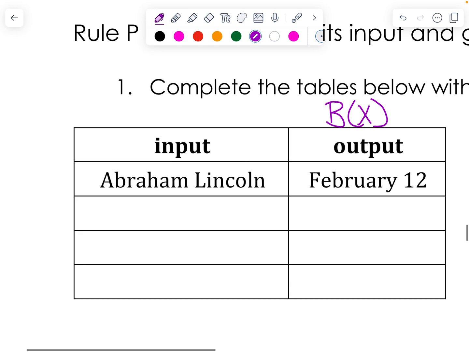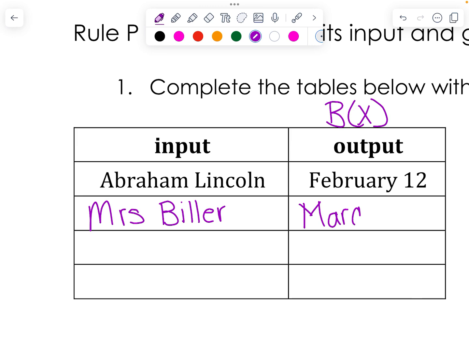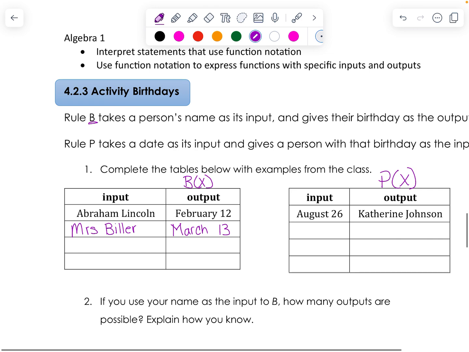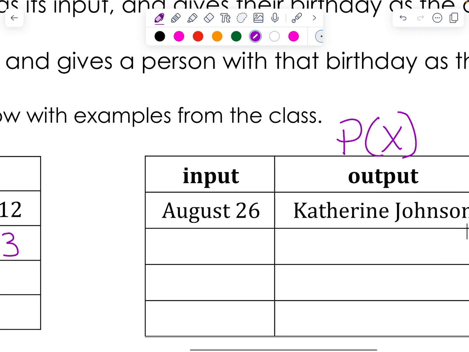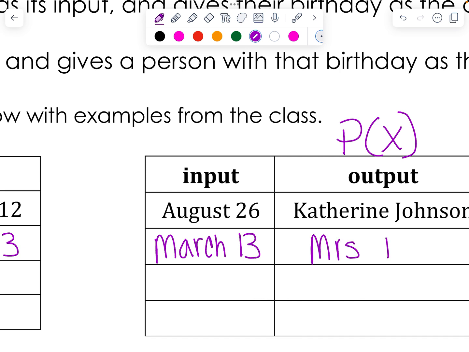So let's use me. Let's use Mrs. Biller. And my birthday is on March 13th. If I filled out this table, then I would say March 13th is the input, and we would have Mrs. Biller as the output.